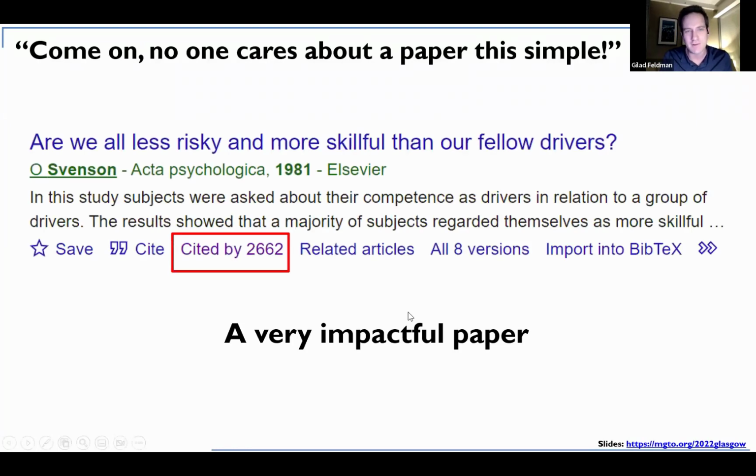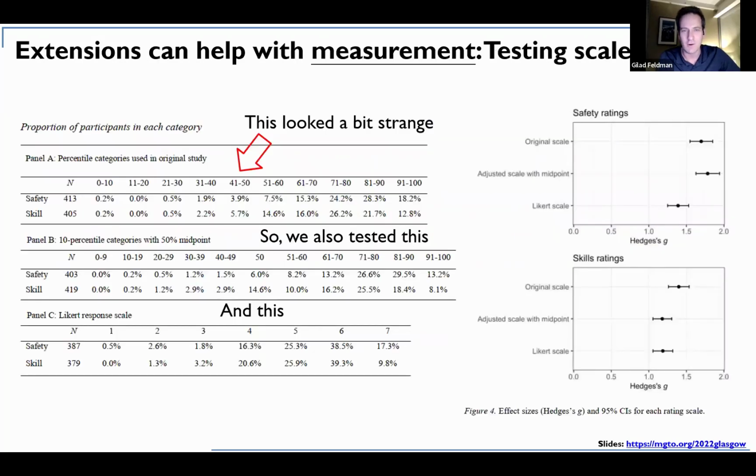But if you look at the number of citations, people care. It has 2,600 citations. I think if you check now, it probably is like 1,000 more or something, because people have studied the above average effect many times. And every time they do this, they cite this article. So it's important for us to know whether this replicates or not.